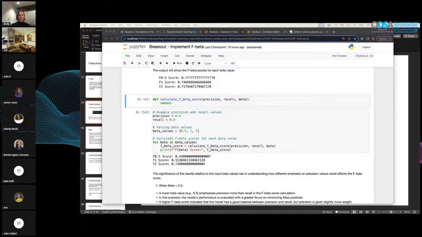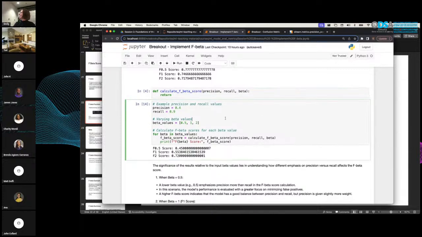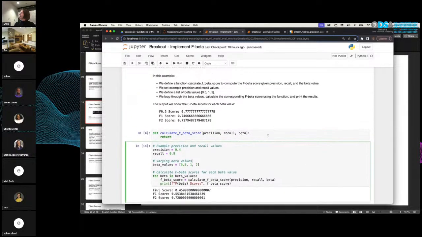Sorry, 3 minutes over here. I got distracted talking about Hawaii and living off the grid, so we're back here. That's an interesting topic for an F1 score or F-beta.